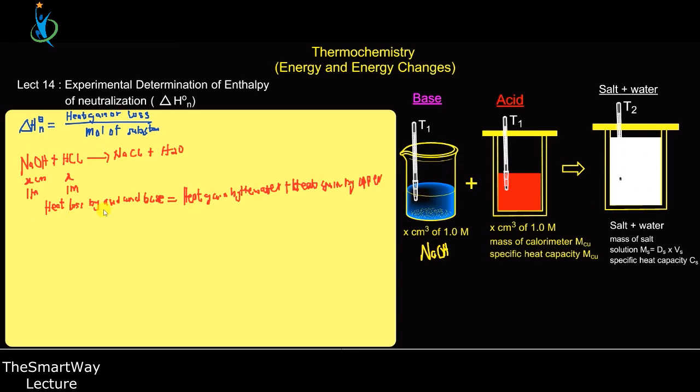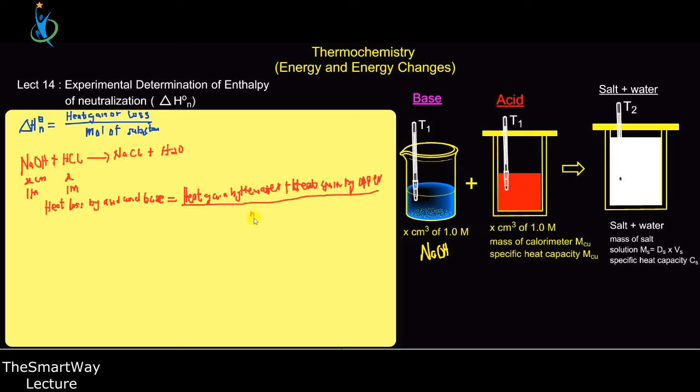So the heat given off during the combination of the acid and base is equal to the heat taken by the water plus the heat taken by the copper calorimeter. Now, it is this quantity of heat that we are going to divide by the mole of either the water produced or the mole of the acid or base used. So basically that's what we are going to do.